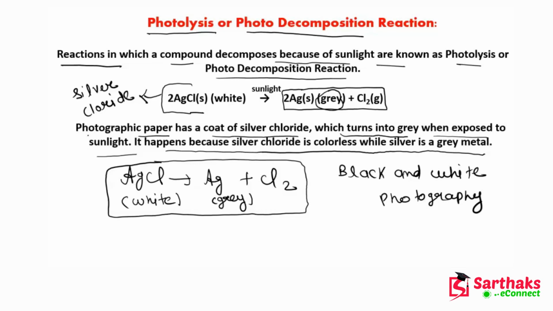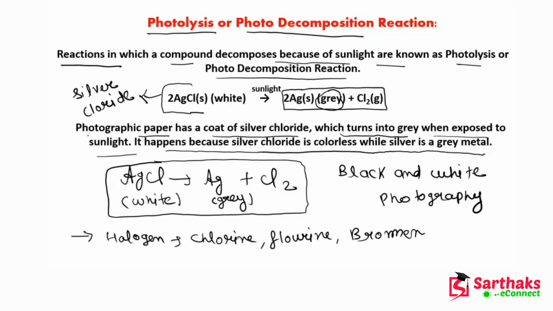Silver halides are compounds where one element is silver and the other element is a halogen. What is a halogen? Halogens are chlorine, fluorine, bromine, and iodine.